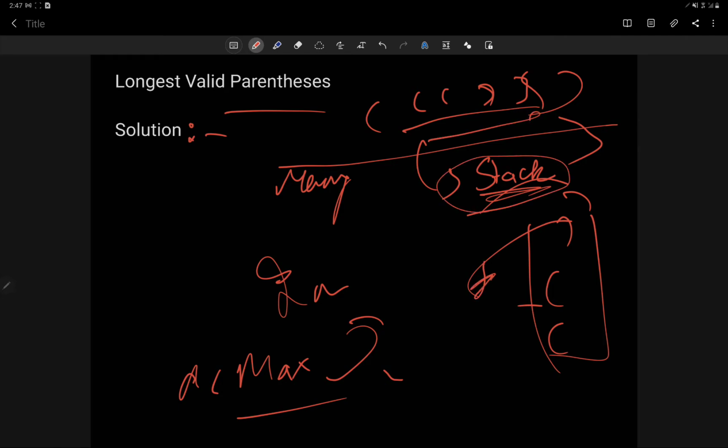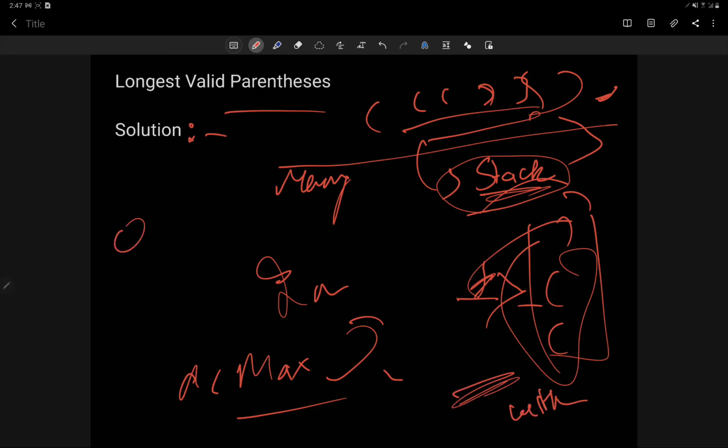So we are clear that to get the answer we have to traverse the string completely, and we can't optimize that. What we can optimize is the space. If we get a solution without a stack, then the complexity would be O of n running time and O of 1 for the space.